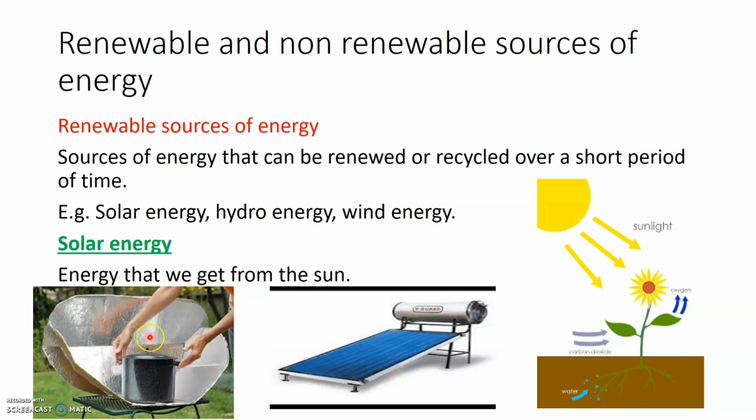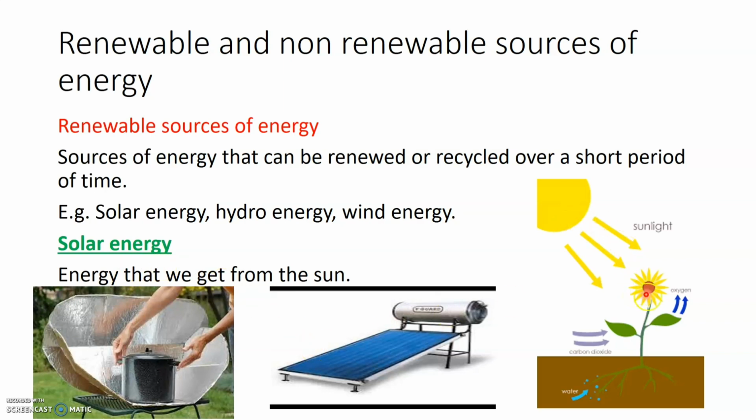Yes, various appliances as you see here, like a solar cooker that you see here in the first picture, a solar heater that you see here, solar calculators, solar watches, all these can run with the help of energy from sunlight. So solar energy is used to produce electricity also, as you can see here.